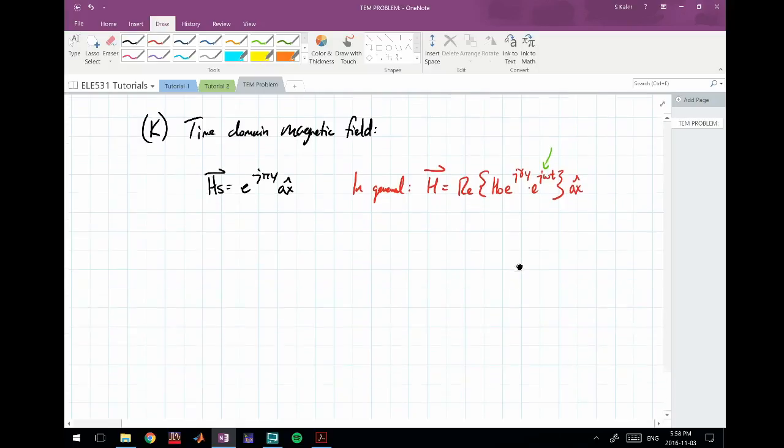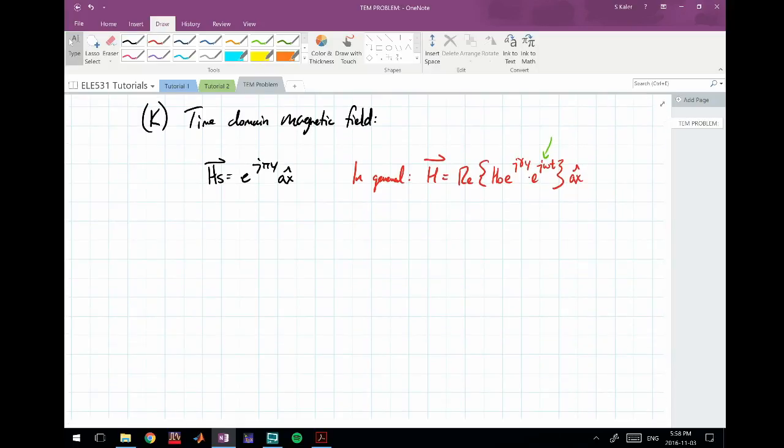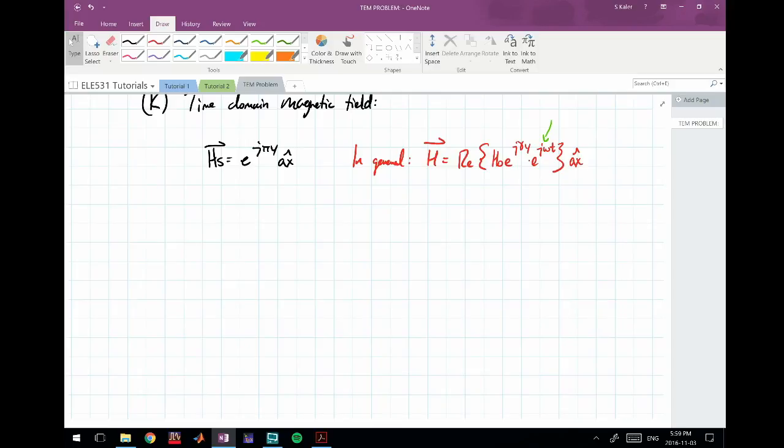So now if I compare that to what I have here, h naught is 1, e to the j gamma y is just e to the j pi y, and so we can write the exact same type of expression here. So let's go ahead and do that. I have h naught is just 1, so I'll write 1, and this is e to the j pi y, e to the j omega t.